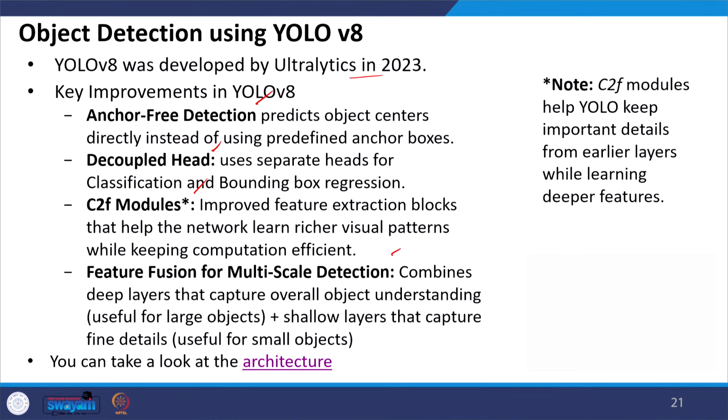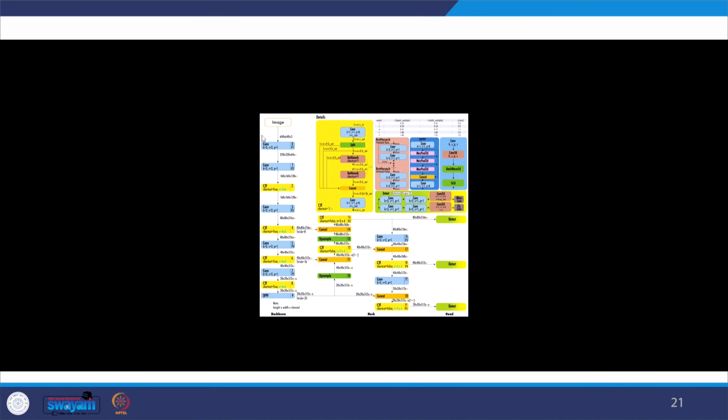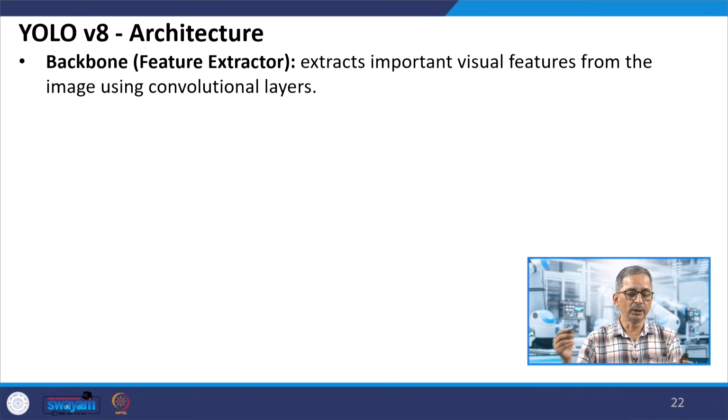You can take a look at the architecture, although it is very complicated; I have provided a link for that. Here you can see that it consists of many C2F blocks, and the details of what the C2F blocks contain are given. The YOLOv8 architecture has the backbone, that is the feature extractor.